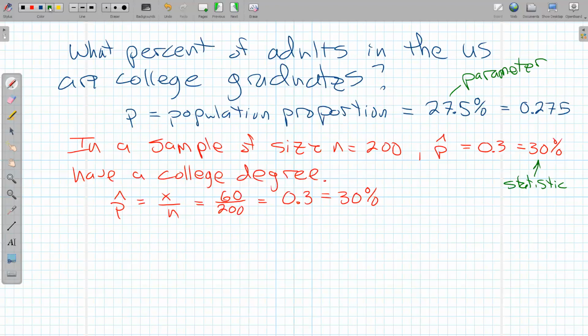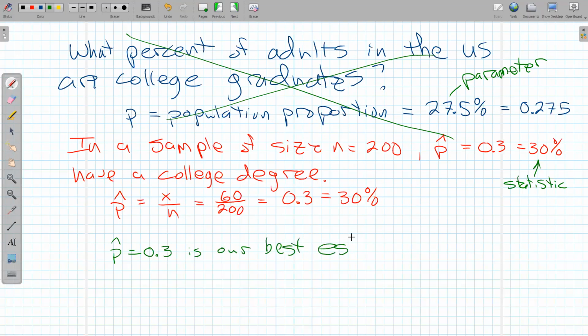And generally, since it's so hard to get the whole population, we really don't know that most of the time. And so what we would say is that p hat, that 30%, the 0.3, is our best estimate for the population.